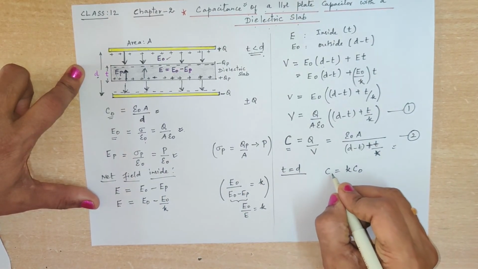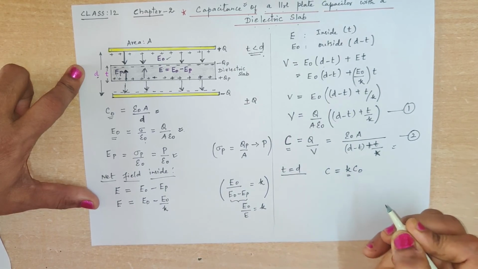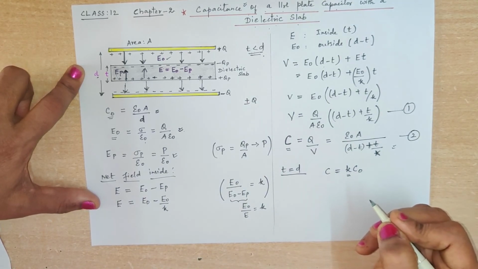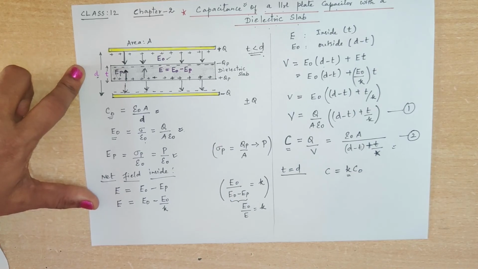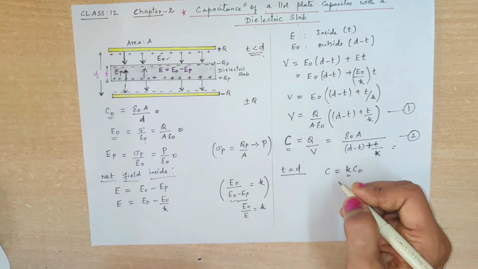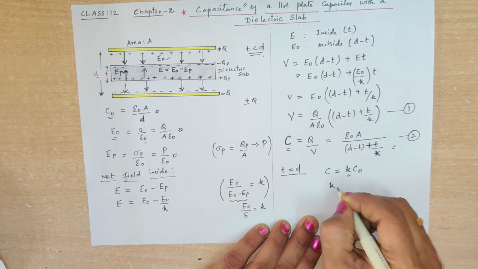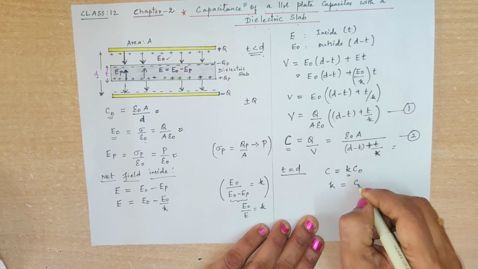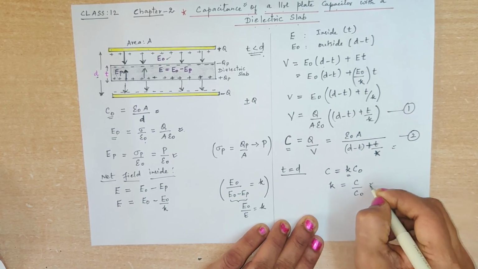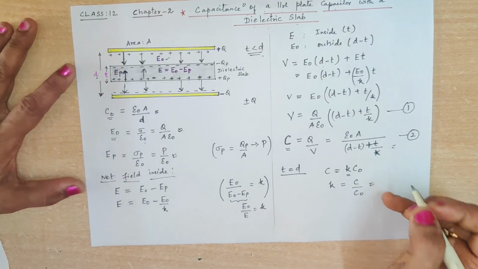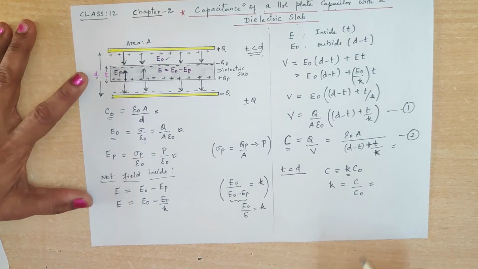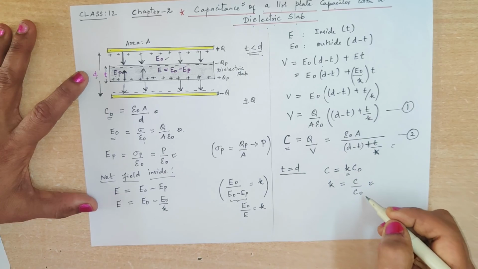Here the capacitance increases by K times because of the introduction of the dielectric slab. You can also rearrange this and get another definition: K is equal to C upon C naught. This is also a formula, the ratio between the two capacitances, that is the capacitance with the dielectric to the capacitance in vacuum.